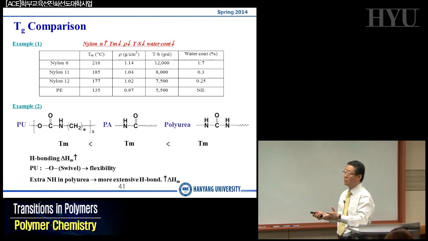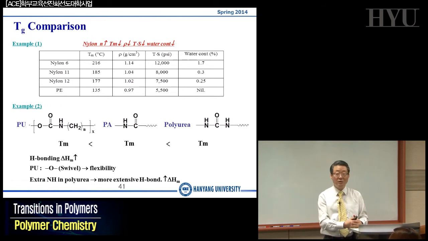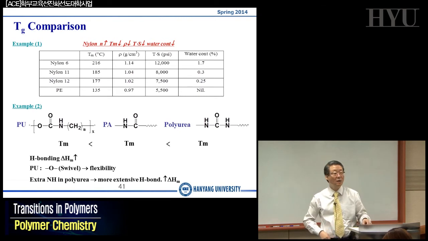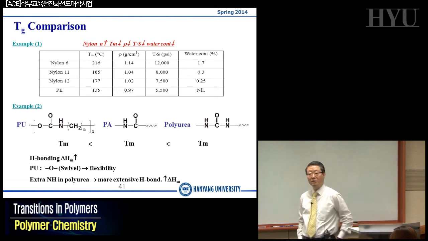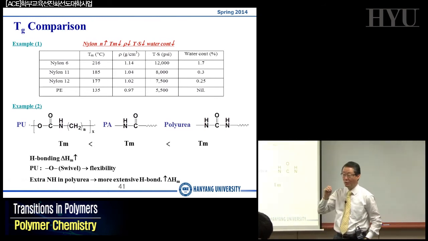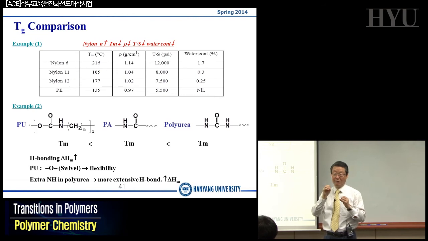The several nylons can be described here in these slides. Now I have nylon 6, nylon 11, nylon 12, and polyethylenes. If you remember, this number depends upon how many methylene units you have in between the amide groups.